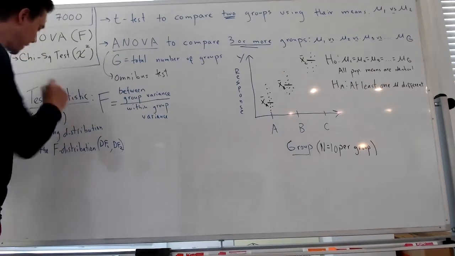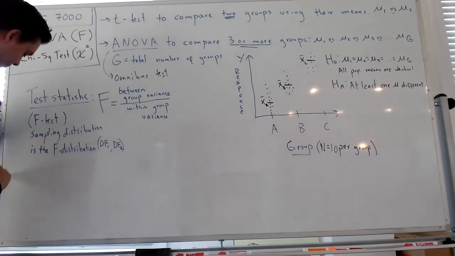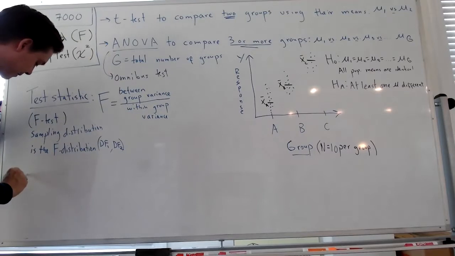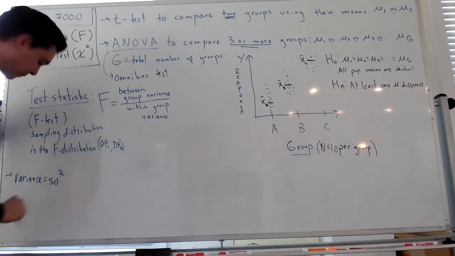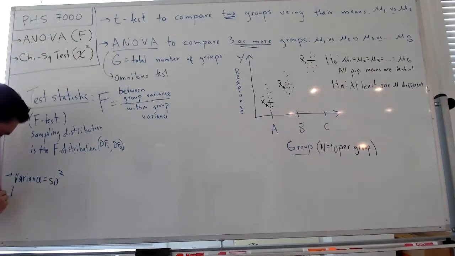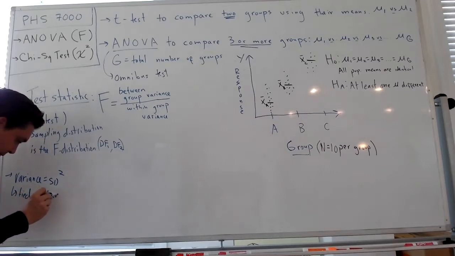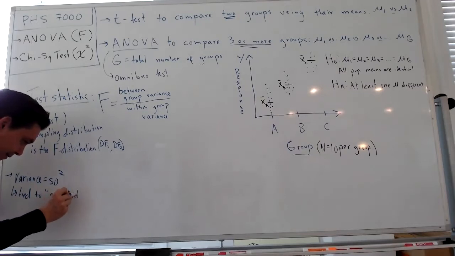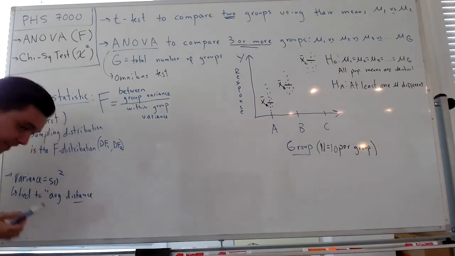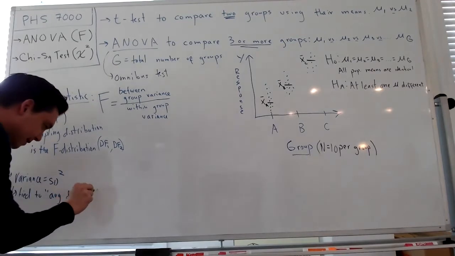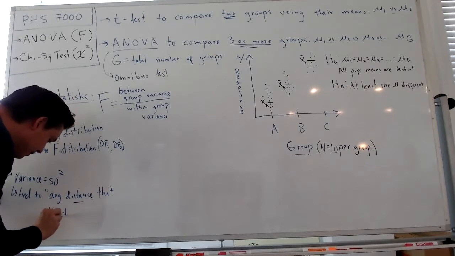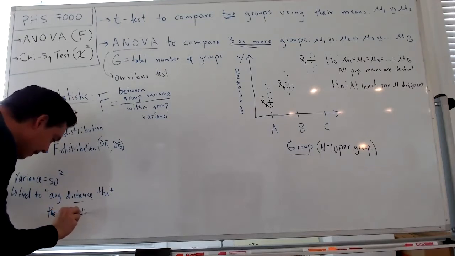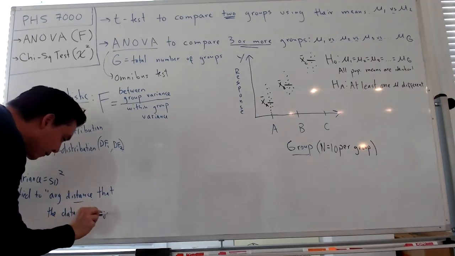So we haven't dealt much with the variance, but I will just make a note. The variance is the standard deviation squared, and it's tied to the average distance. So it's really a measure of distance. It's the average distance that the data lie away from the mean.